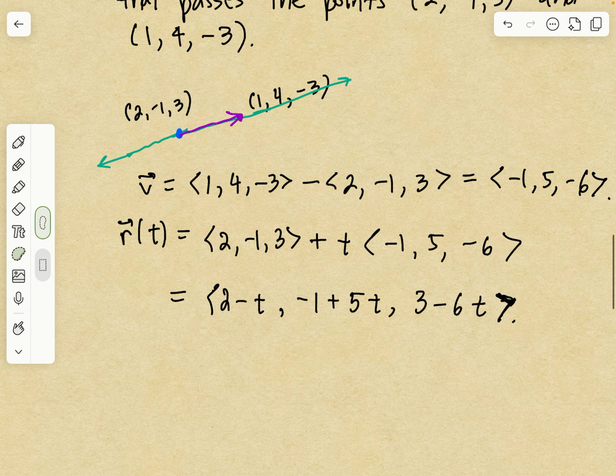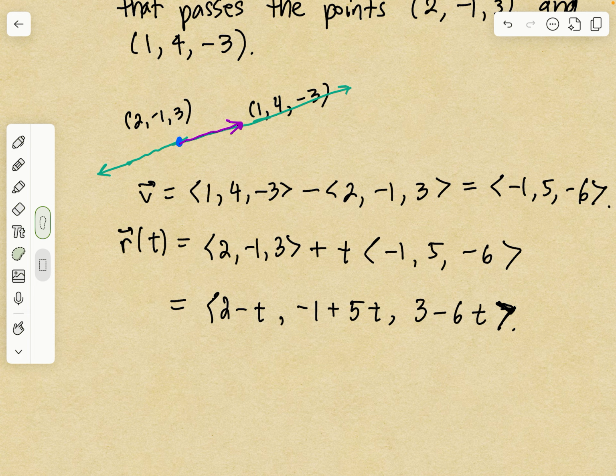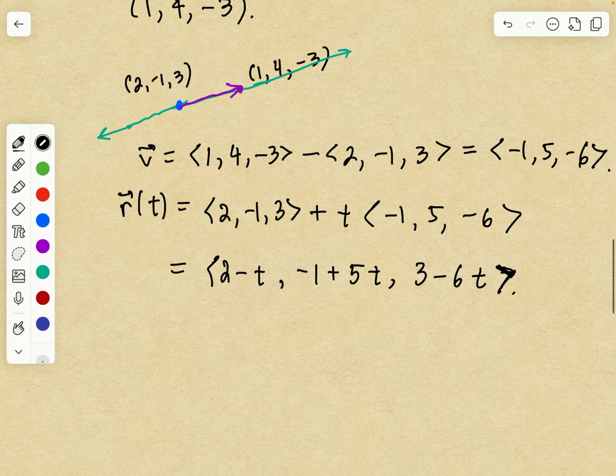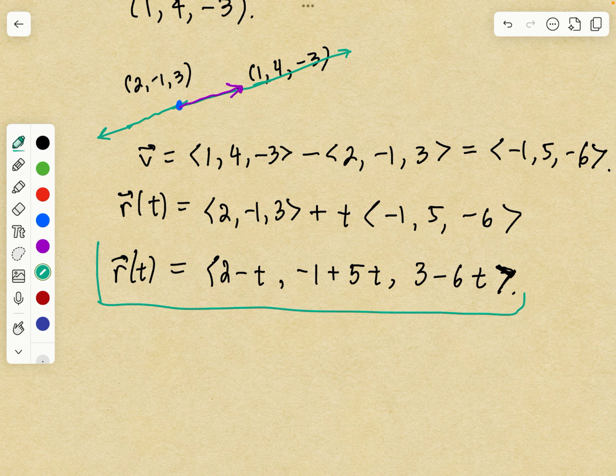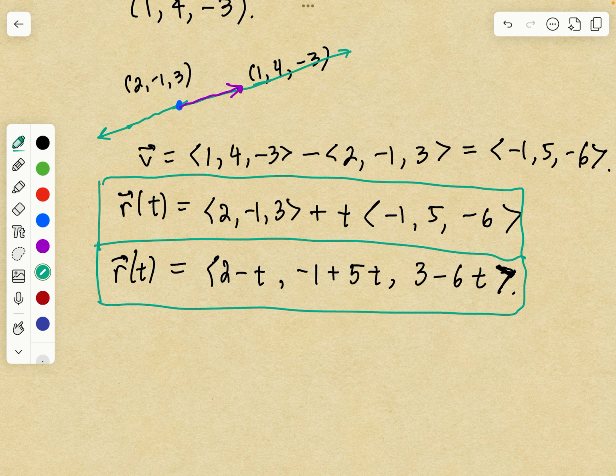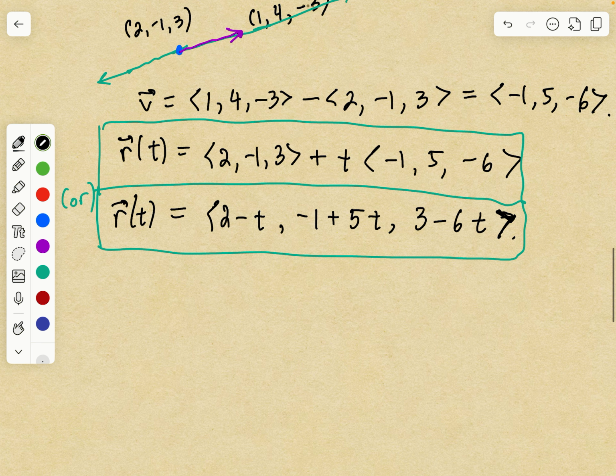One thing to keep in mind is, could we have used 1, 4, negative 3? Yes. Well, maybe I'll just put a box around this to indicate that we have the answer. So that's the answer.